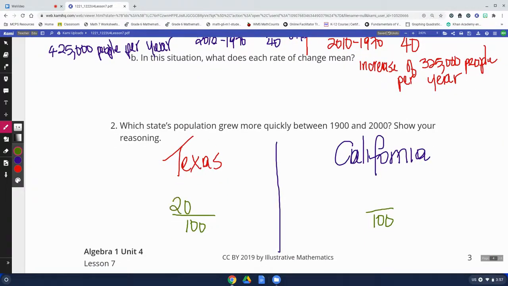So 20 minus 3, so it changed 17 million over 100 years, right? So that is 0.17 times a million.